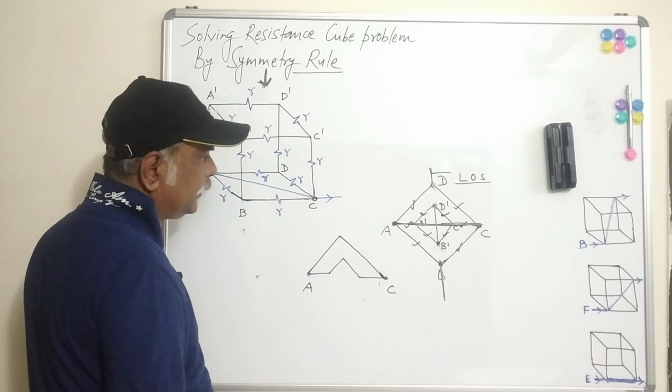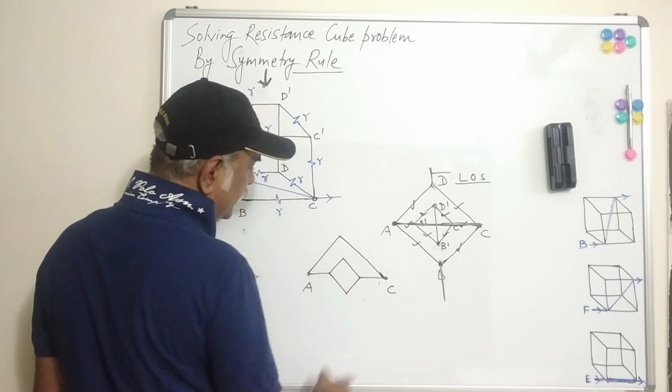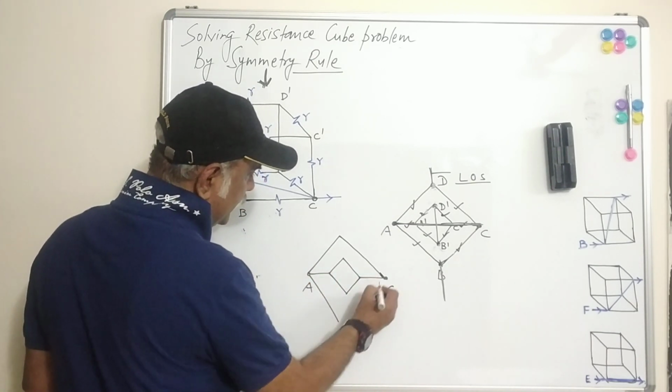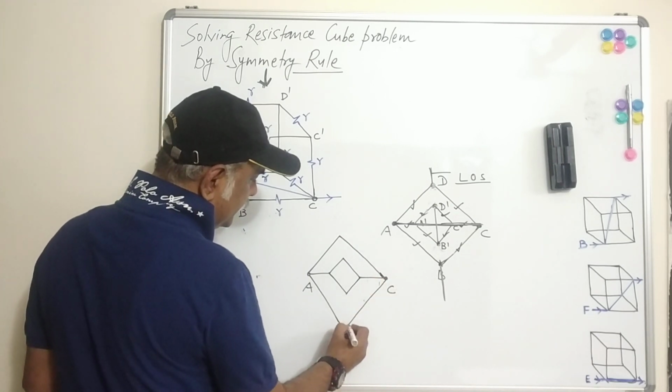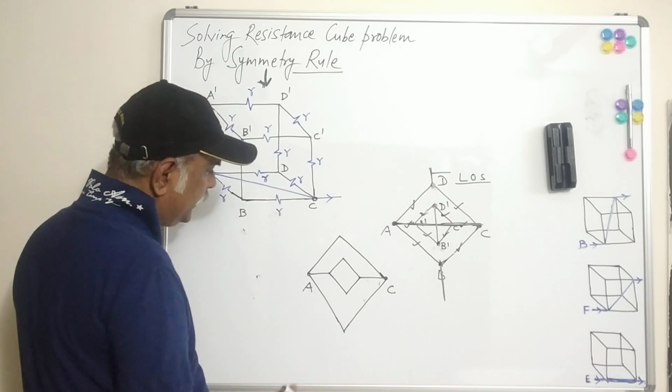On the lower part also, we have a resistance like this, like this, like this, and like this.